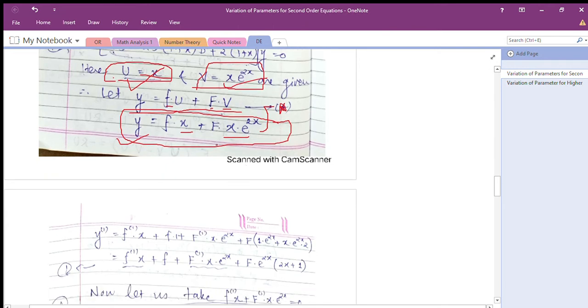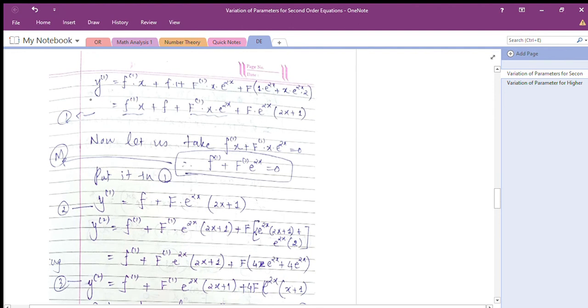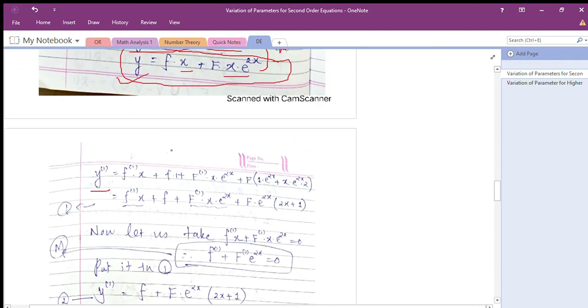Now just differentiate this y two times. So first differentiation: y1 is equal to f1 x, x remains as it is, plus f remains as it is and differentiation of x, what is the derivative of x? It is 1, plus differentiation of capital F, that is F1 x e raised to 2x as it is, plus now capital F remains as it is, and what you will do here? x into e raised to 2x.